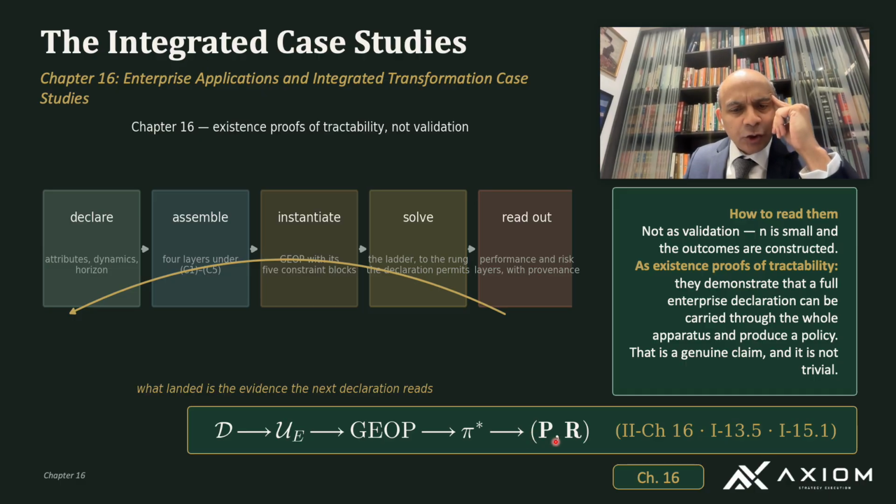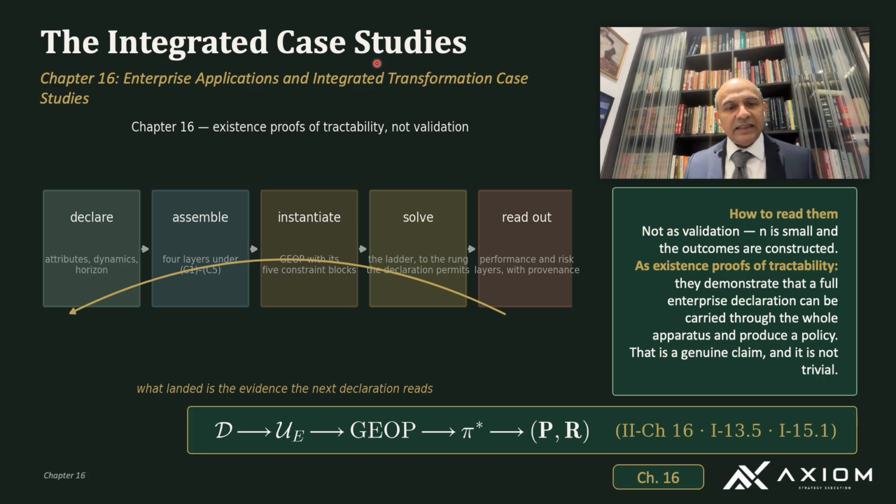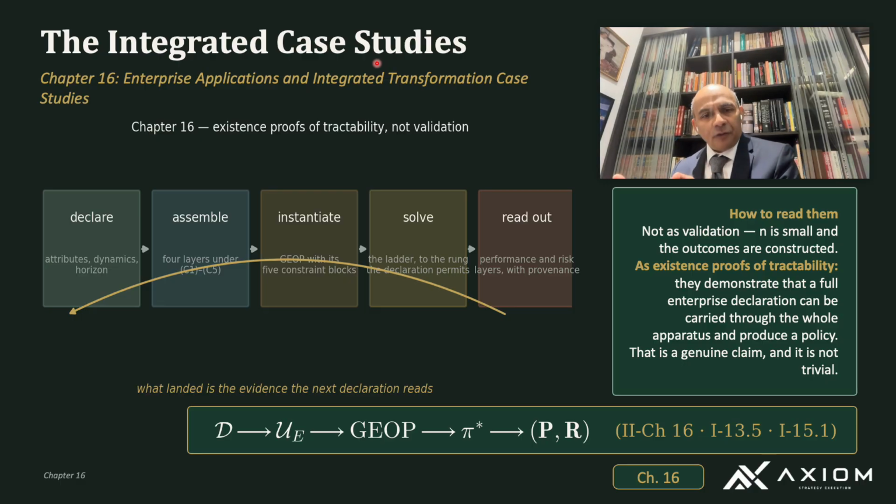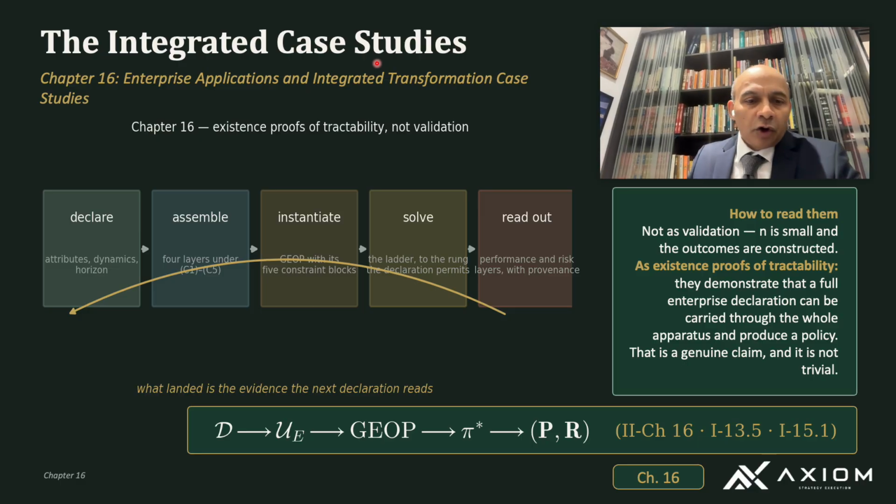And all of this leads to PR, the final performance and risk readouts generated by that policy. So DCT is moving you from a declared model of an enterprise to a unified architecture, and then to a formal optimization problem, onwards to an optimal policy, and finally to auditable performance and risk outcomes.